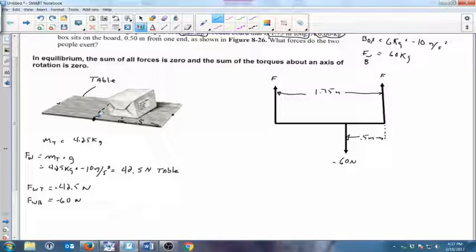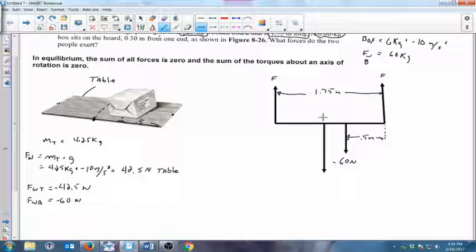And the table's weight is going to show up right here, halfway down the full length. So let's show that. Halfway down the full length, I'm going to say that's about here. I'll make it a little longer just so we can see. It's just so I can draw the dimensions.